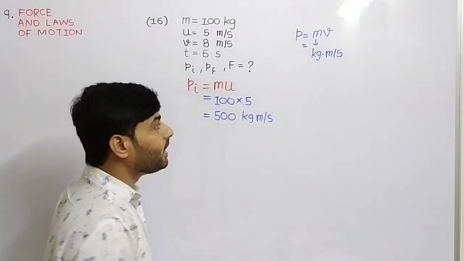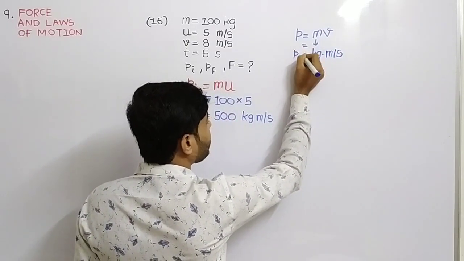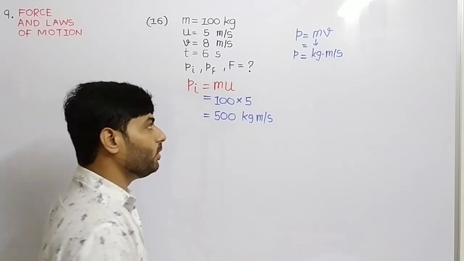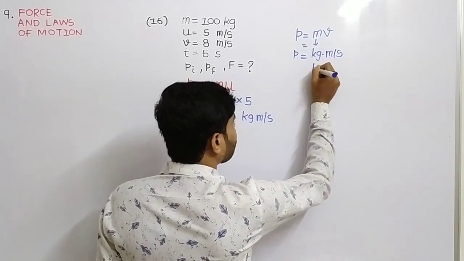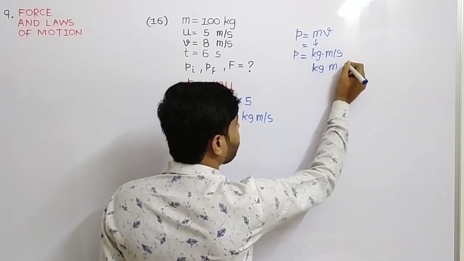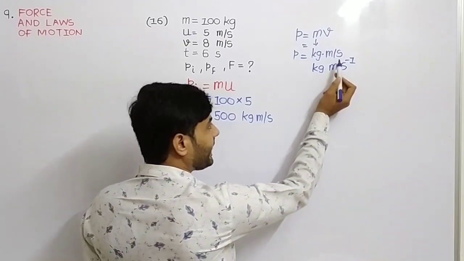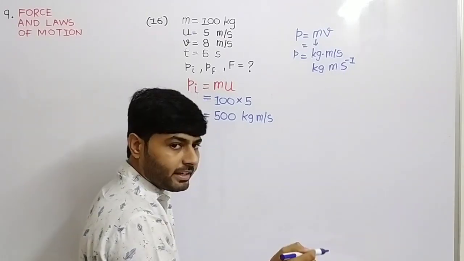So the unit of momentum is kg meter per second, and you can also write it as kg meter second inverse, because second is in the denominator.